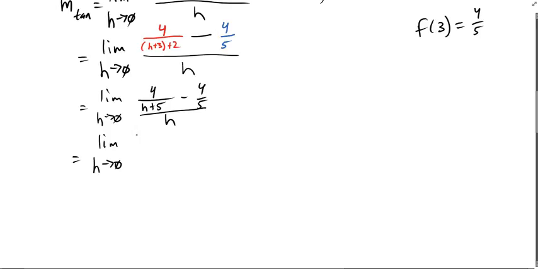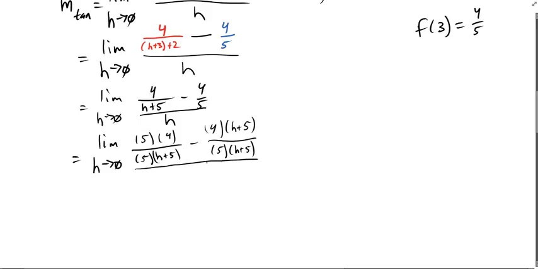Okay, so I'm going to multiply this by 5, and multiply this by h plus 5. We're getting a common denominator, all over h. Don't drop that. Maybe it's a pain, but you got to write it on every line.